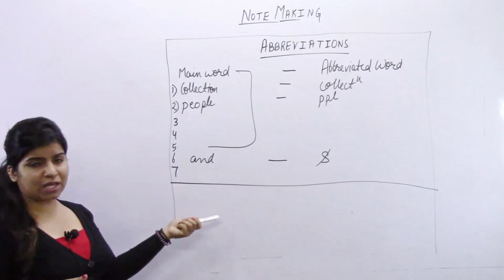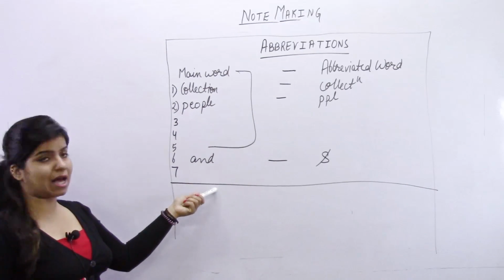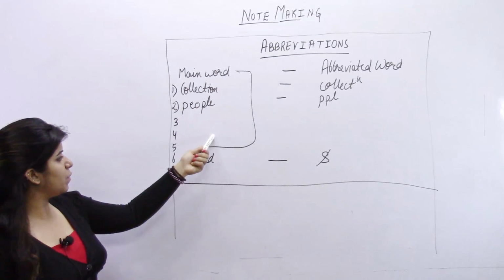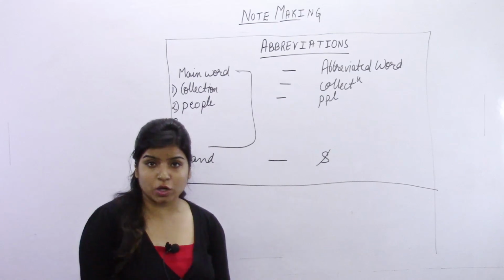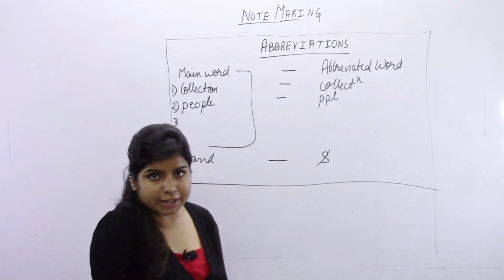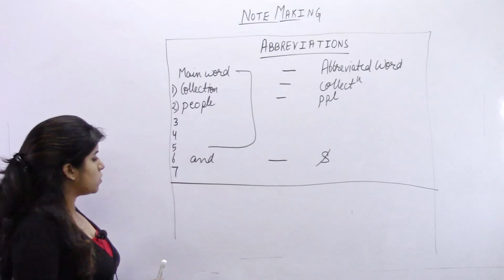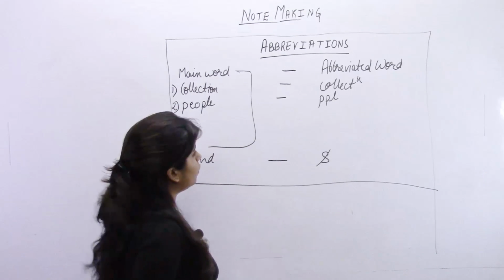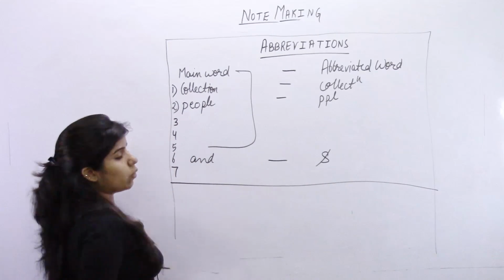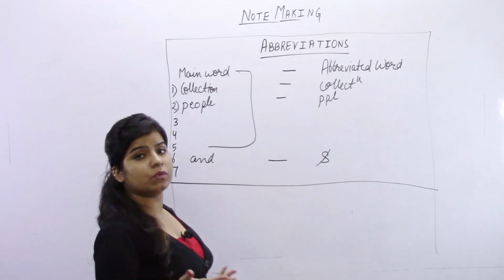So these common abbreviations must be used at the last, and for the first 5, your abbreviations must be very innovative and creative. Got it? After creating your own abbreviations, you have to move to the summary part.